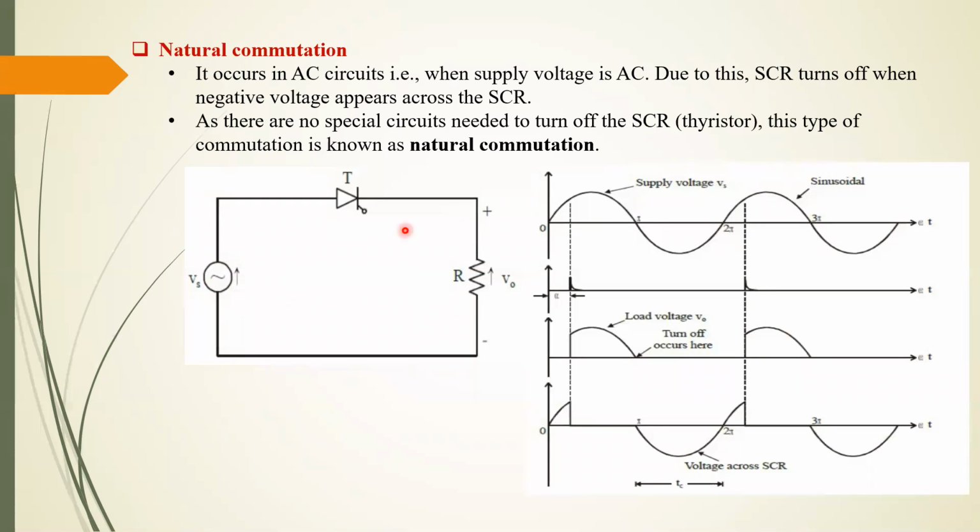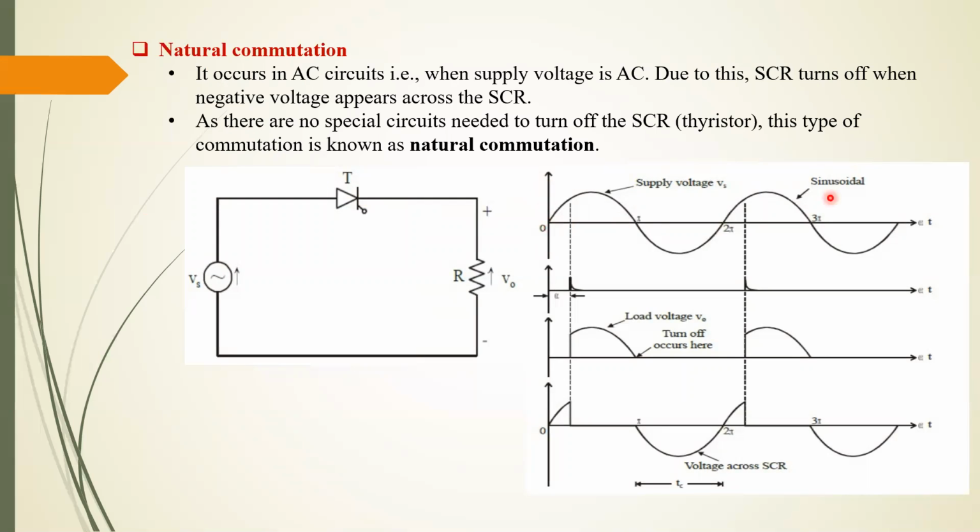I'll explain through this circuit diagram and the waveforms. In this circuit diagram, the supply is AC and the thyristor is connected in series with the resistance R. So this is a totally series circuit where I need commutation. Let us see what happens when the supply is given, considering the thyristor is not yet triggered.